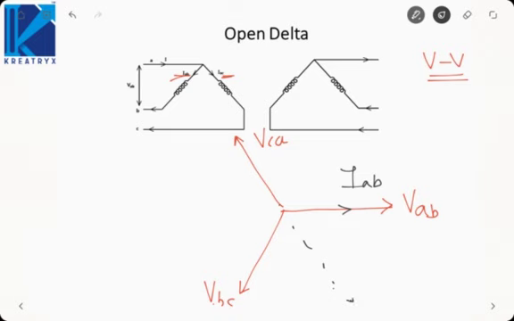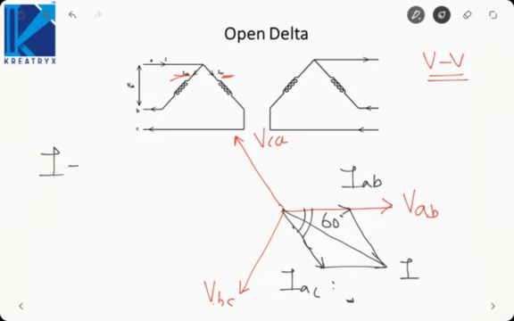VAC will be opposite to VCA, so this will be IAC. Sum of these two currents will give me current I. Okay, these two currents are oriented at 60 degrees to each other, so this I will be root 3 I phase. By vector addition, if you determine by parallelogram law, it will come out to be root 3 into I phase.